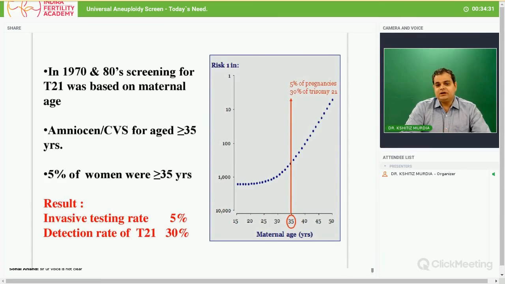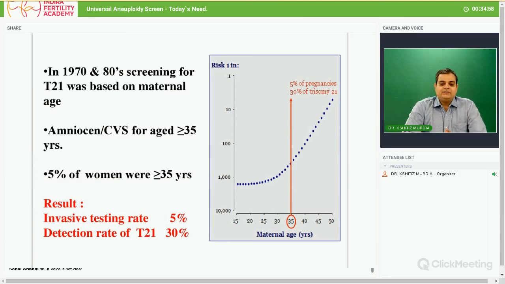In the early years, around the 1970s and 80s, the only way to go ahead with screening was maternal age. During that time period, people used to do a confirmatory test like CVS or amniocentesis for women who conceived at more than 35 years of age.